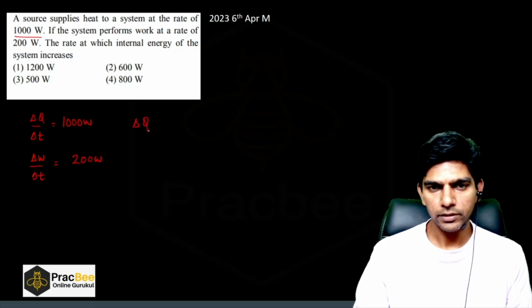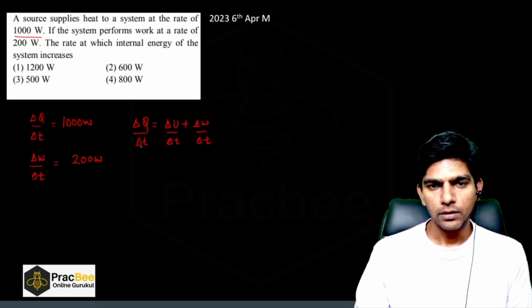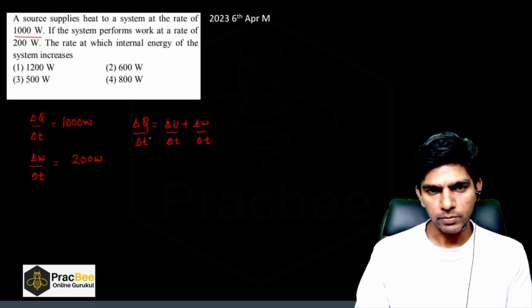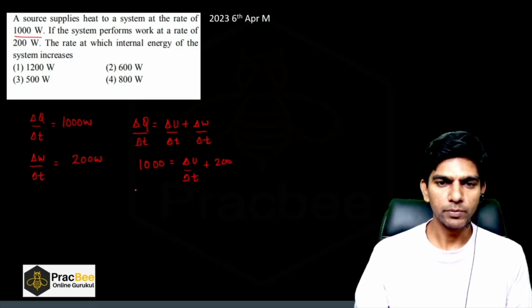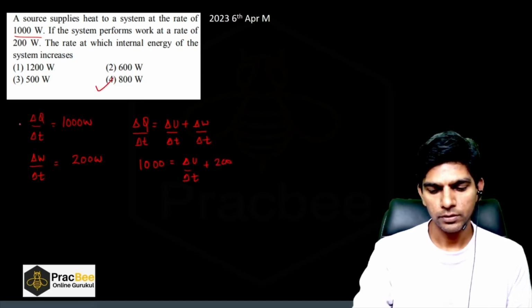So we know that delta Q is equal to delta U plus delta W by the first law of thermodynamics. So if I divide both sides by delta T, we will get the rate at which the heat is applied on the left hand side, right? So this will be 1000, and delta U by delta T we have to calculate, plus 200. So the answer will be nothing but 800 watt.